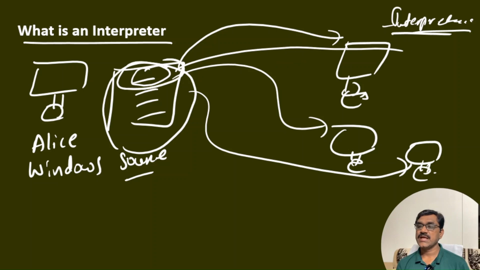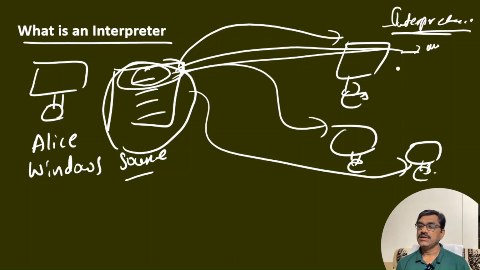First, it takes the first line on the fly at runtime, the first instruction is converted into machine code, and then it takes the second one. Everything is done on the fly, directly one by one, at runtime. There is no compile time. Everything is converted into machine code line by line, and we get the output.